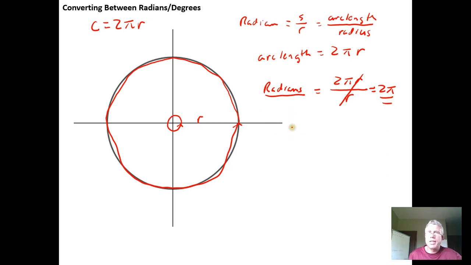So what we see is that once around a circle, in radians, is 2 pi radians, which we can shorten to rad. But in degree measure, we know that that's 360 degrees. So now this gives us a way to convert between radians and degrees.